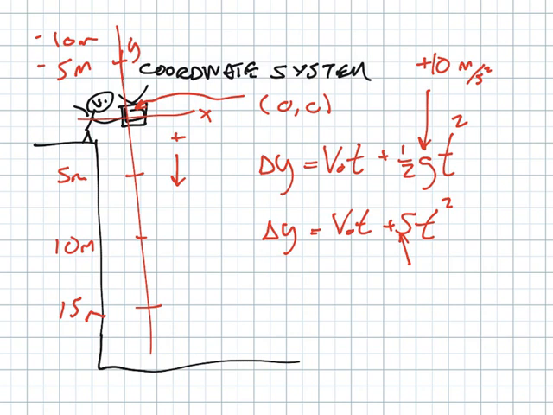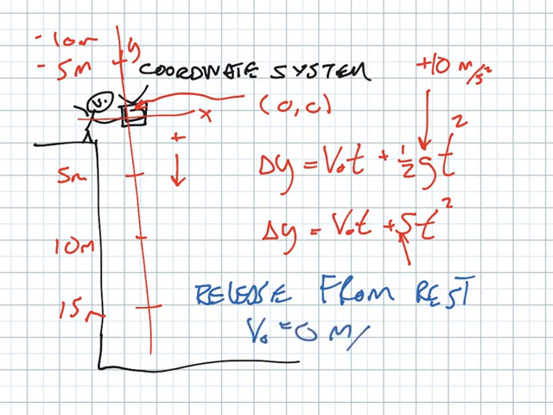What we're going to do is release something from rest. A lot of you figured out already, released from rest means that its initial velocity is 0. That means this v naught is 0, and 0 times anything is still 0, so this entire first term goes away.